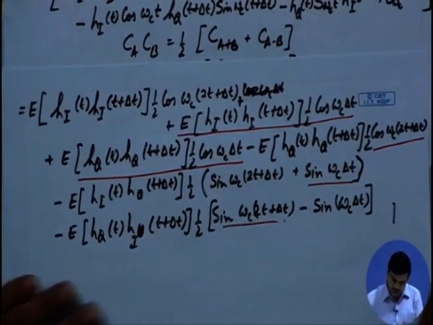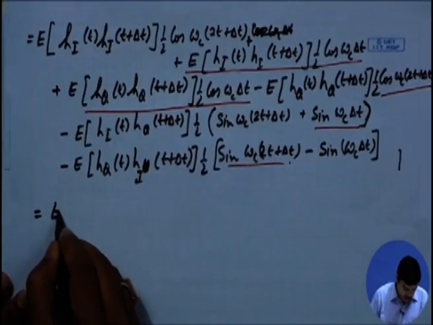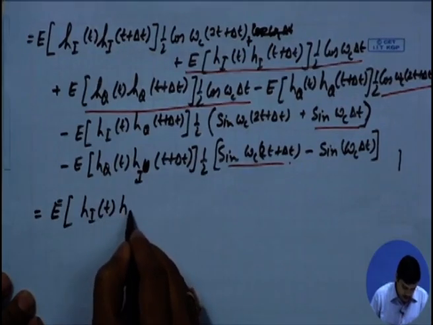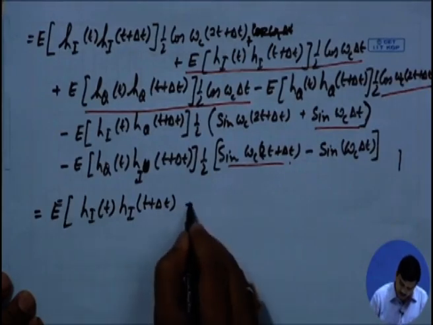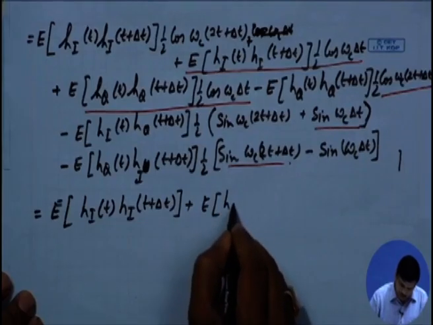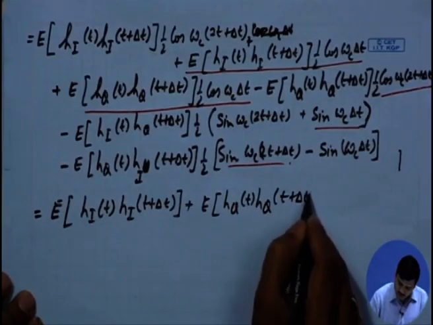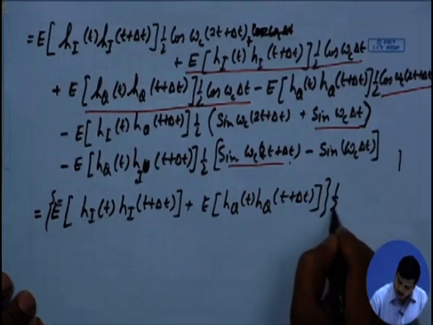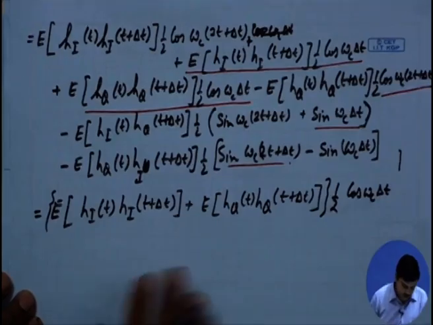So if we do that, the expression what we end up with would be E of hi of t plus delta t plus E of hq of t of t plus delta t, this whole thing having the coefficient cos omega c delta t.